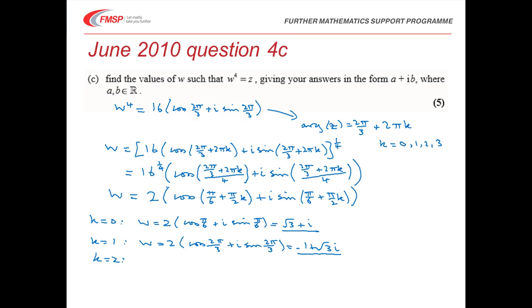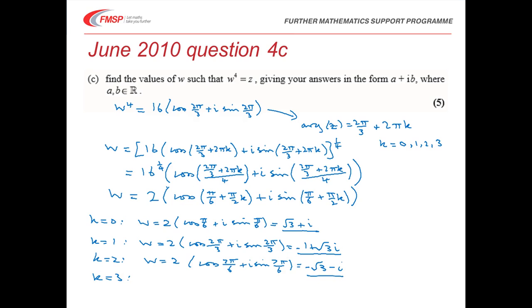And k is 2, we get the third one. And again, using your calculator, there's the third answer for w. And finally, remember we're only looking for 4 roots, so we can stop at k is 3.